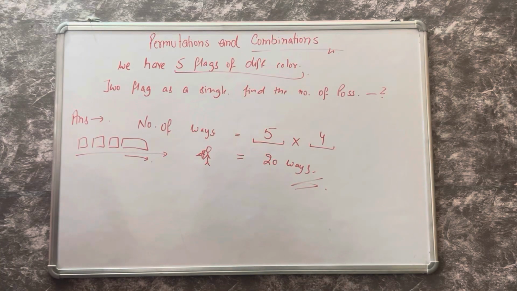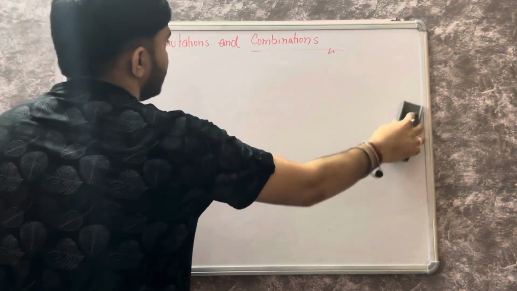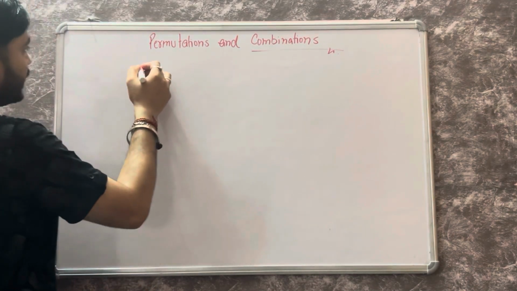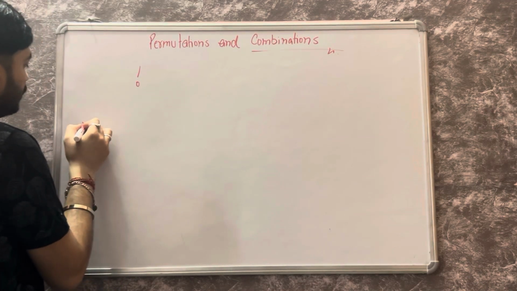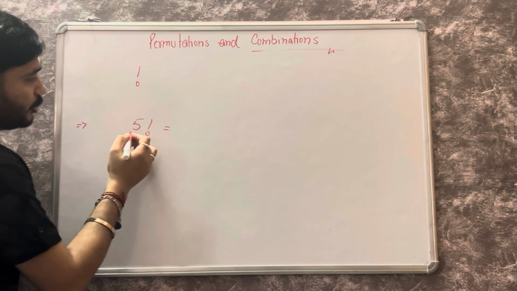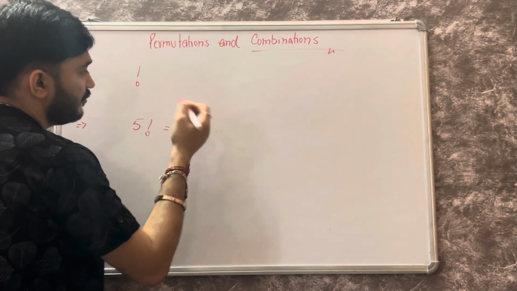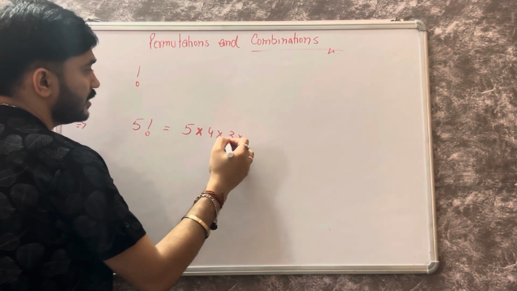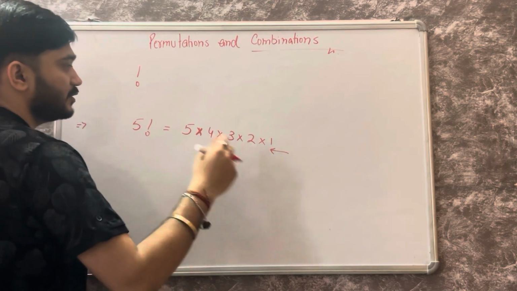Now moving forward, we are going to know what is factorial. The factorial sign is as this. Now if someone writes 5 factorial, it means you are going to multiply 5, the previous number of it, that is 4, then the previous number of it, that is 3, and then 2, then 1, until the last number is 1.